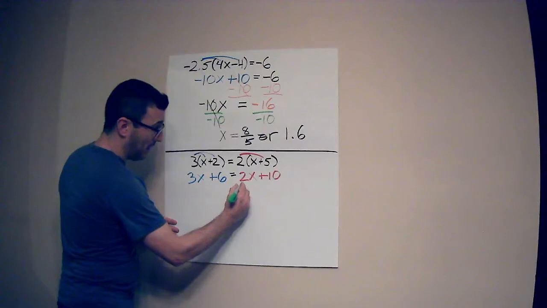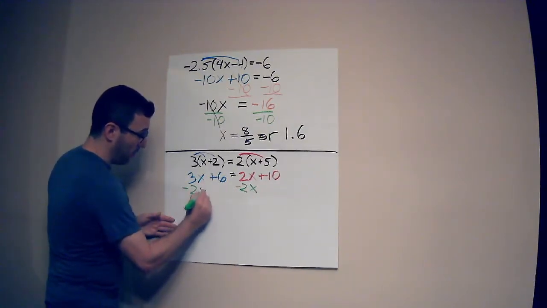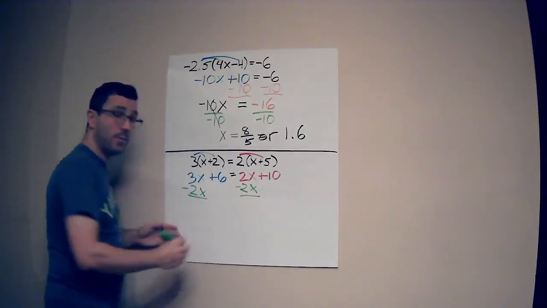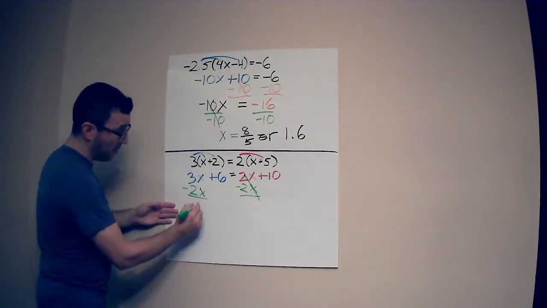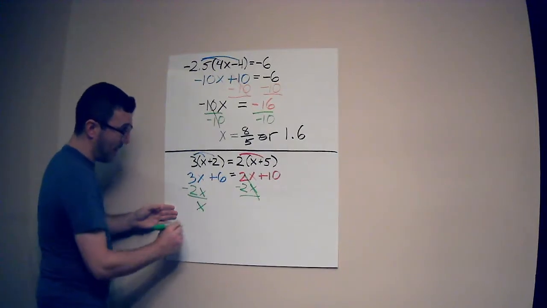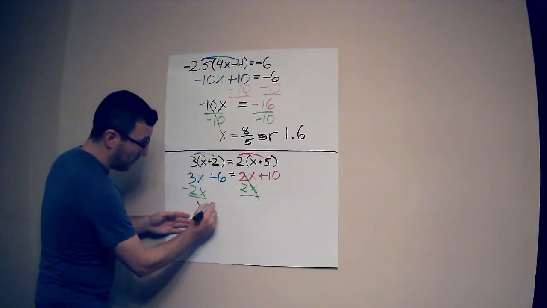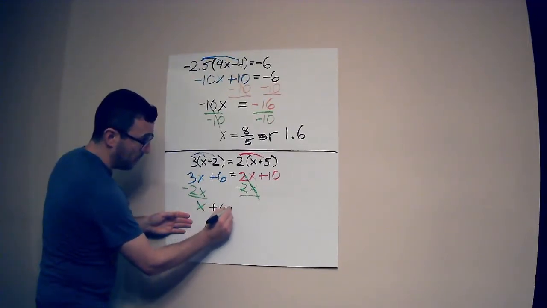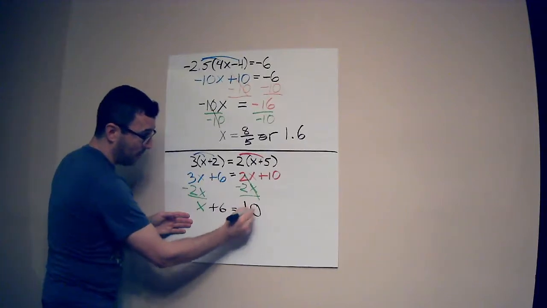So minus 2x minus 2x. That cancels out. Here, 3x minus 2x is just x. Didn't do anything to the 6, so I'm going to write plus 6, equals, that canceled out, so we're just left with 10.